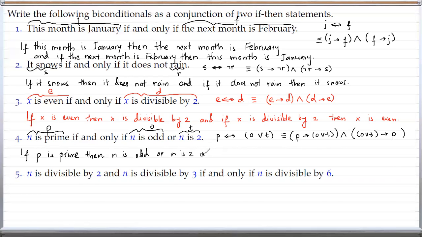This is one direction. And if O or T, if n is odd or n is 2, then n is prime.